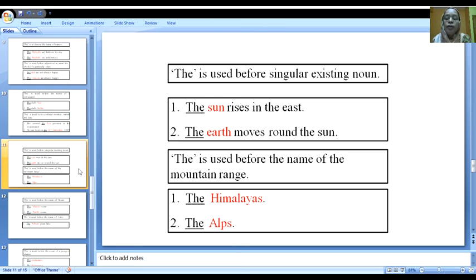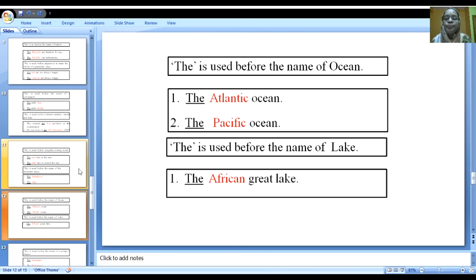Next rule. The is used before the name of the mountain range. The Himalayas, the Alps. Come to the next rule. The is used before the name of ocean. The Atlantic Ocean, the Pacific Ocean. The is also used before the name of lake.